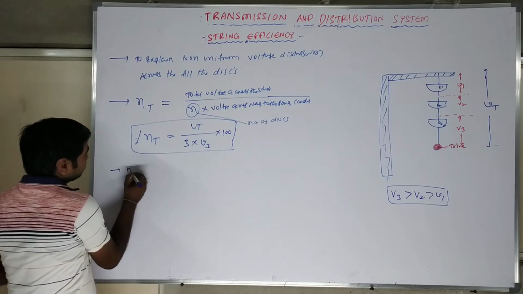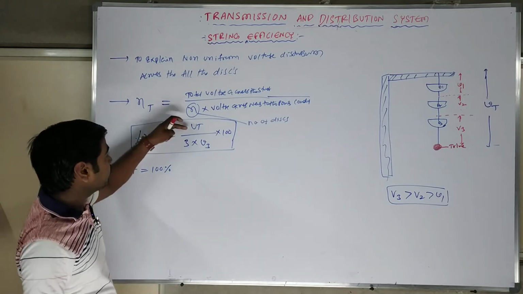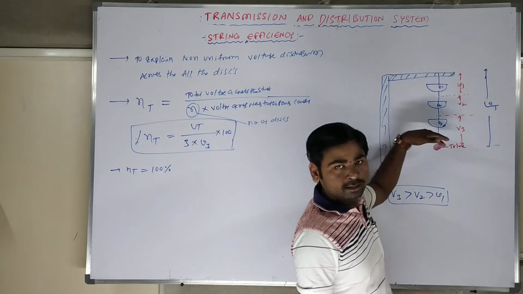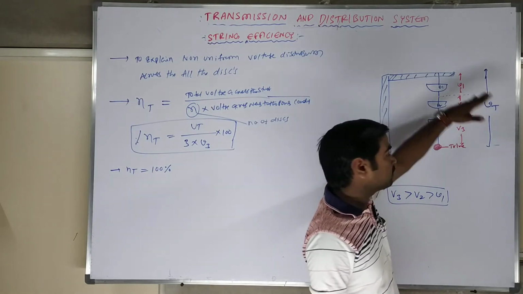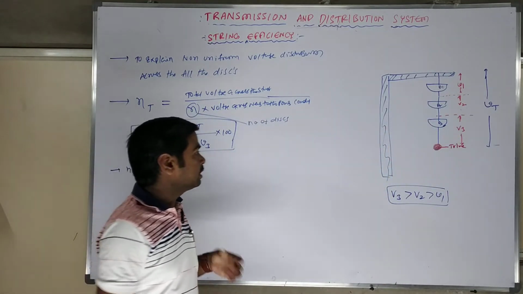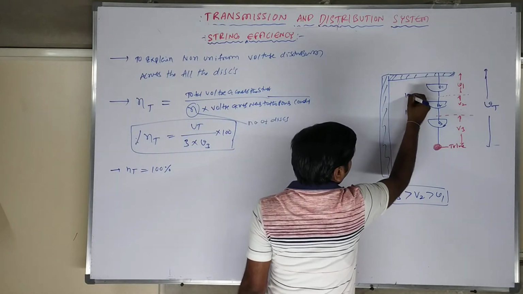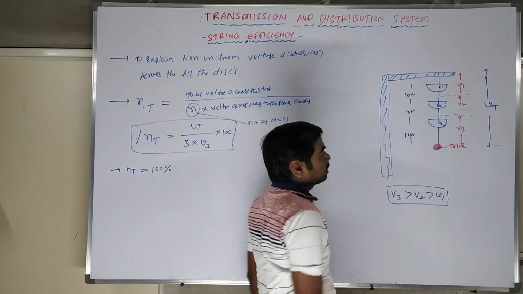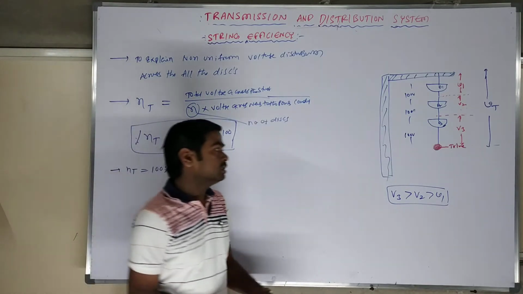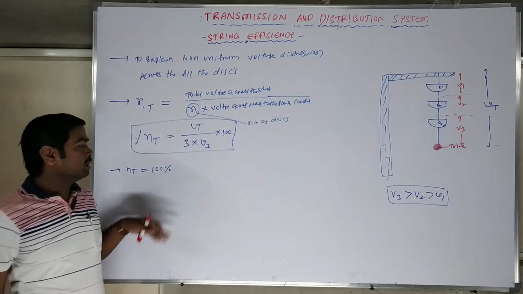If string efficiency is 100%, it means V total by n times V3, the voltage across all discs will be the same. For example 100, 100, 100, that is 300 by 300. Here we have 100 volts, 100 volts, 100 volts. If all voltages are the same, 300 by 3 into 100 gives 100%.